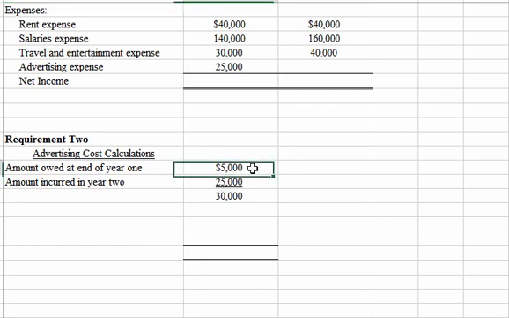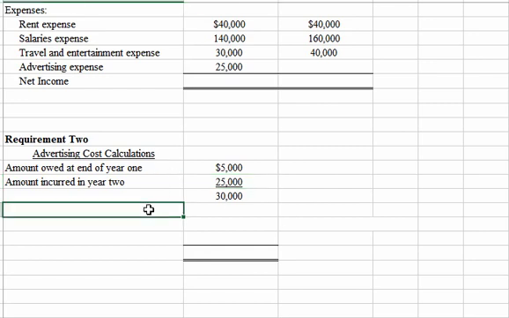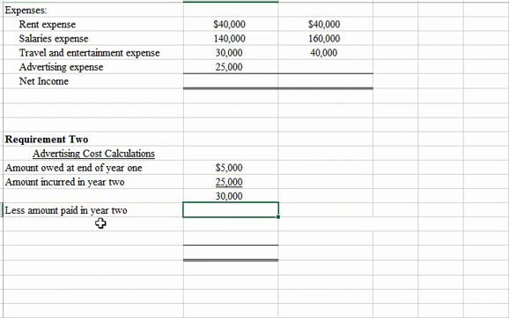We're adding together, what did we owe the advertising agency at the end of year one? $5,000. Plus the cost incurred in year two, $25,000. So during year two, we owed the advertising agency $30,000 for cost incurred in year one and year two. So let's subtract out what we paid them in year two. So we'll say less amount paid in year two, or that's how I worded it. Okay, let's look for that. Cash disbursements for advertising in year two, $15,000.